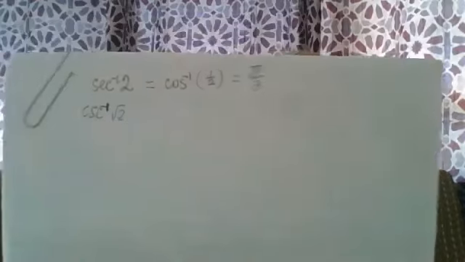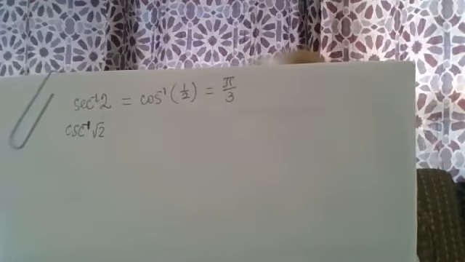And the same approach we already talked about reviewing arc sine and arc cosine. Let's say this time I need to find the value of arc secant of square root of 2.